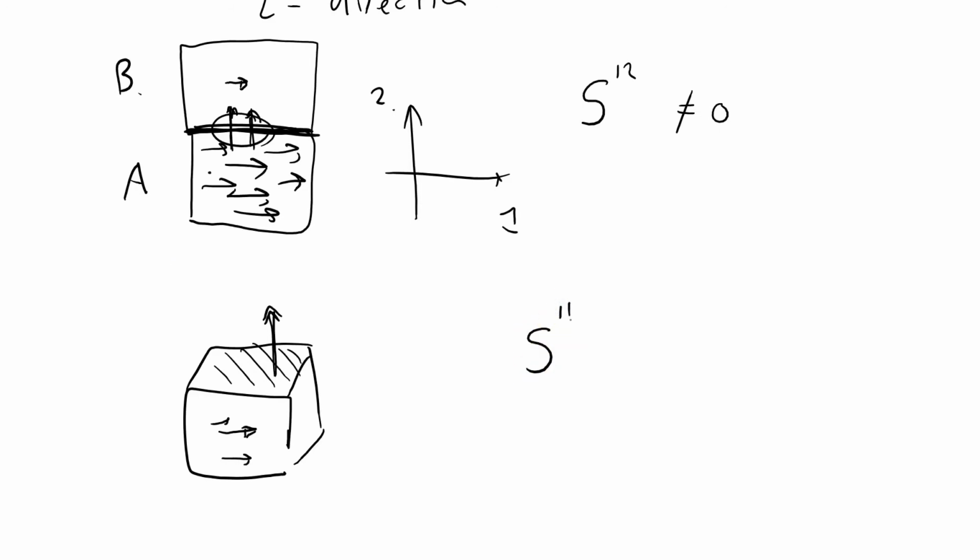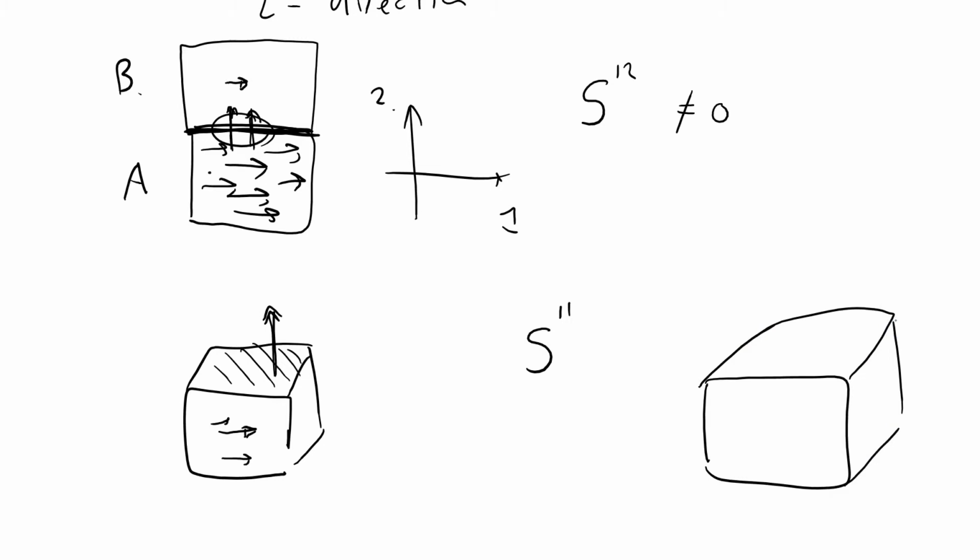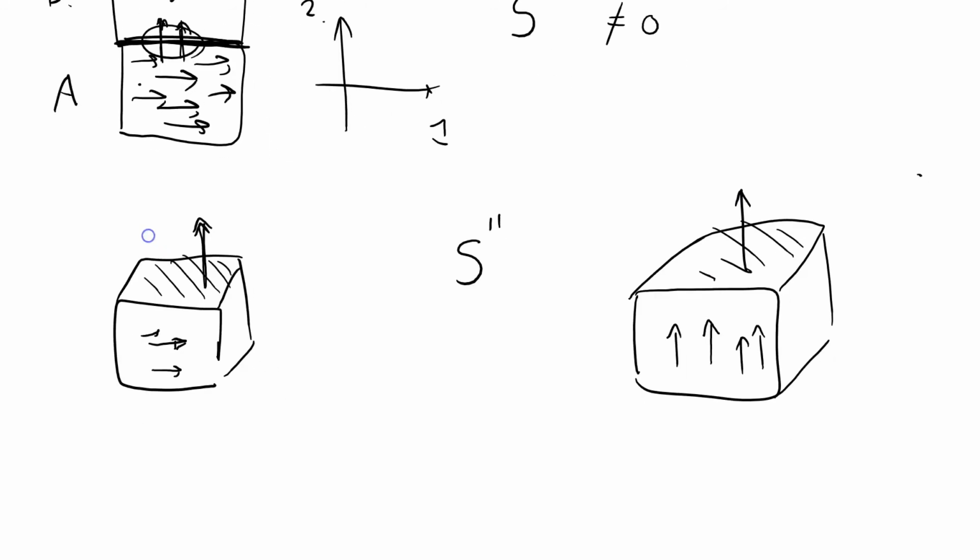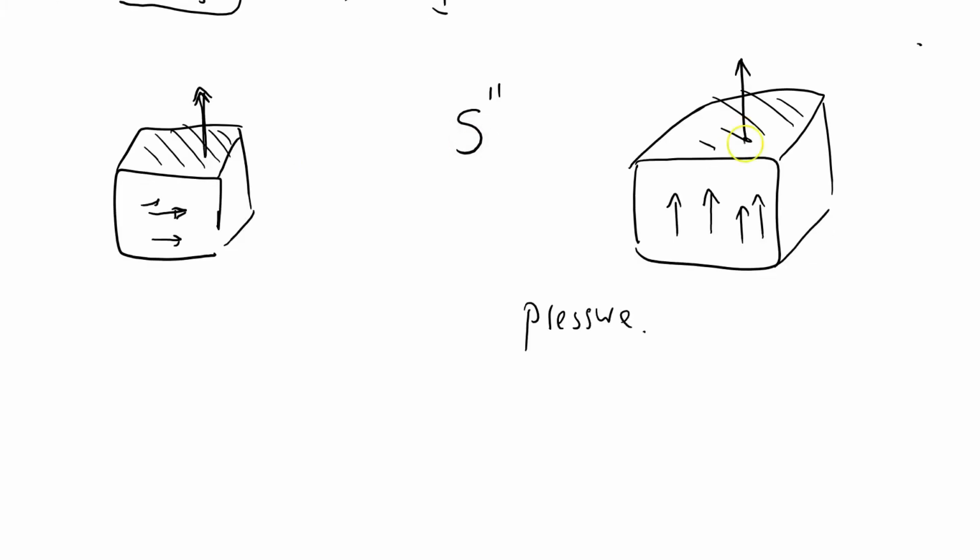S11, however, if I can draw this control volume again, is something a little bit more straightforward to understand. Maybe I should have started with this. Okay, so I'm talking about momentum transfer of this momentum in this sense here going in that direction through that plane there. And so, of course, S11 corresponds to the pressure in that direction.